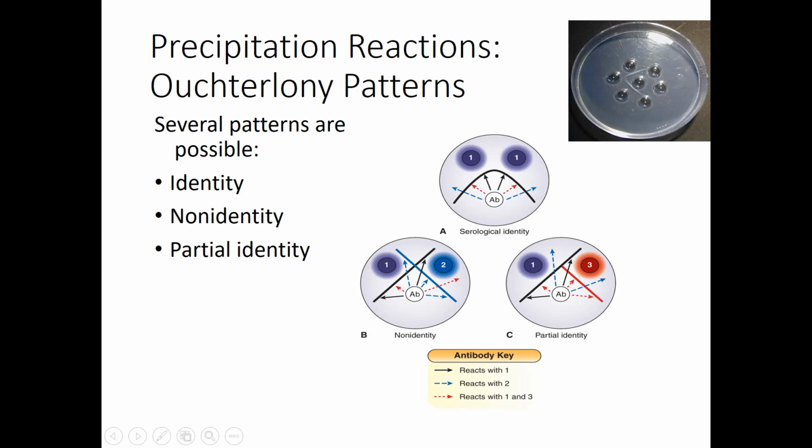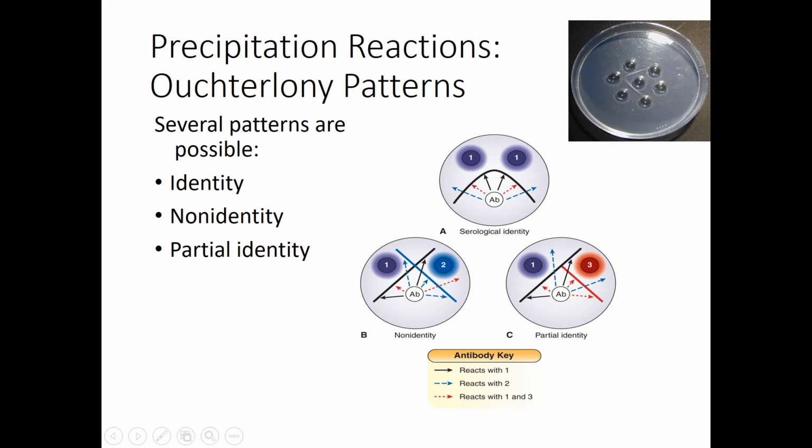And so what we're going to do is put this into a moist chamber, and we're going to let the precipitation take place overnight. We're going to develop lines of precipitation, and you can see them here.